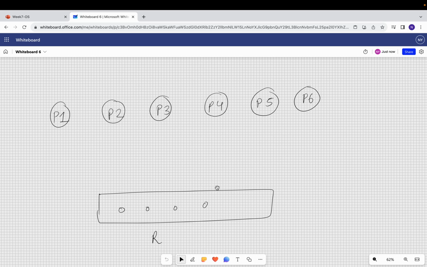If there is only 1 unit of R, and each of them needs 2 units of R, each of them is requesting 2 units of R.